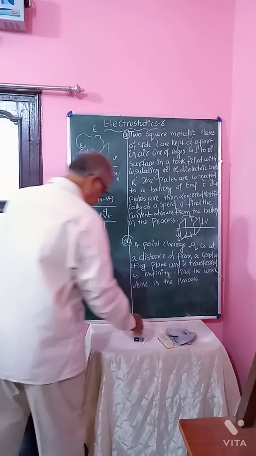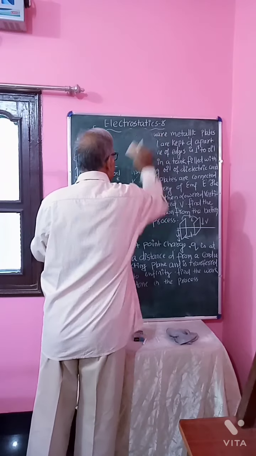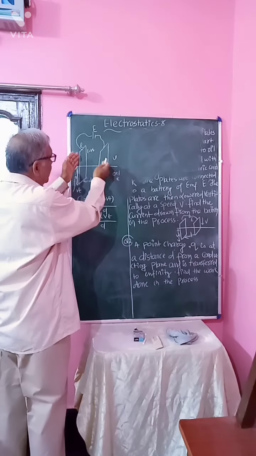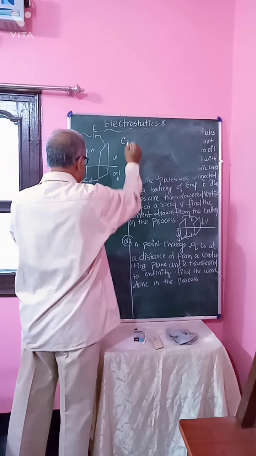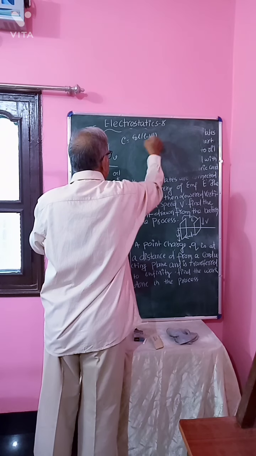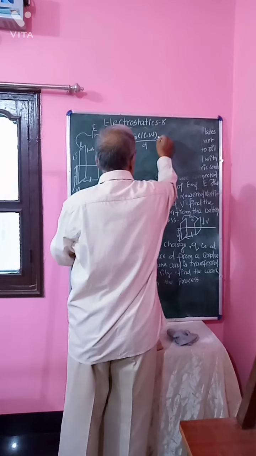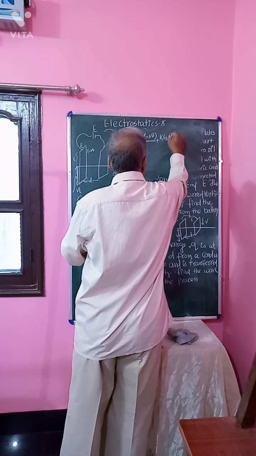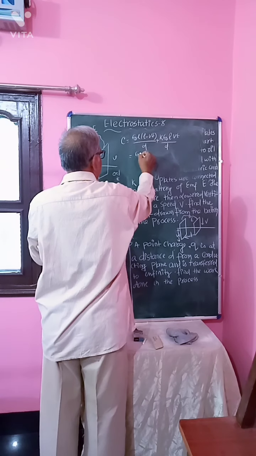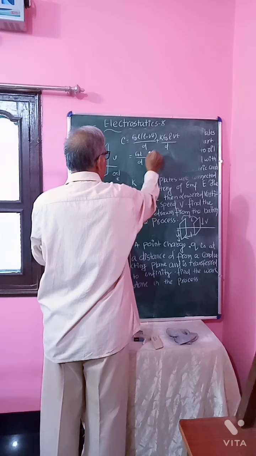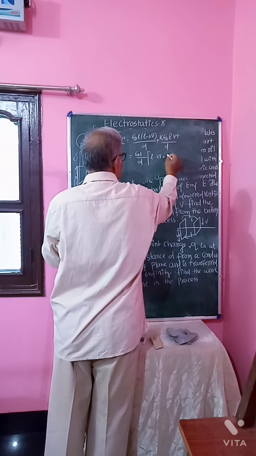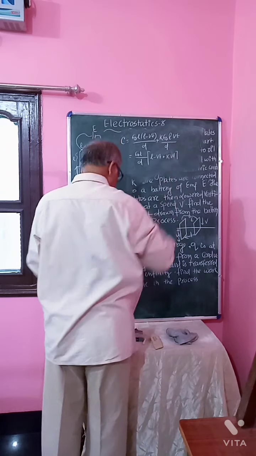Now the total capacitance, since it is in parallel combination, C equals C1 plus C2, that is epsilon 0 L into L minus vt by D plus K epsilon 0 L vt by D, or taking epsilon 0 L by D common, epsilon 0 L by D times L minus vt plus K vt.